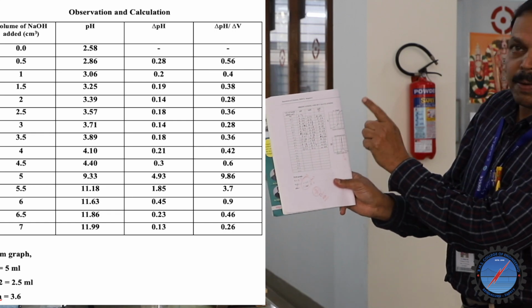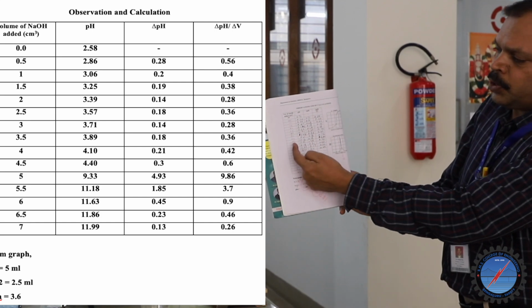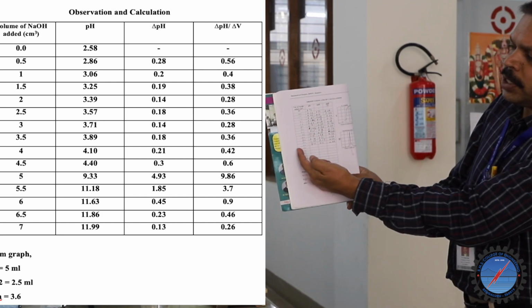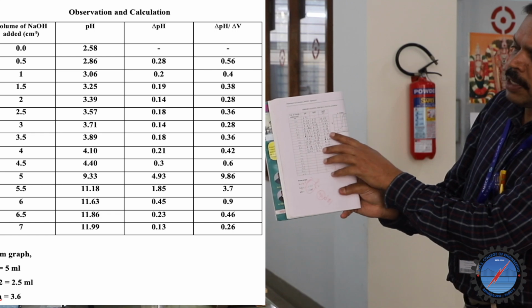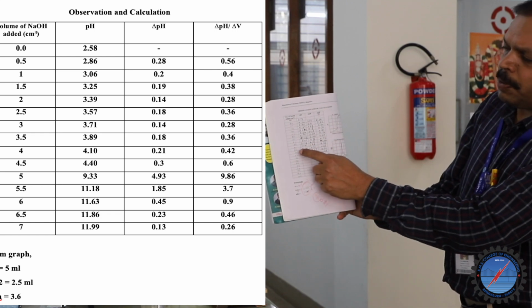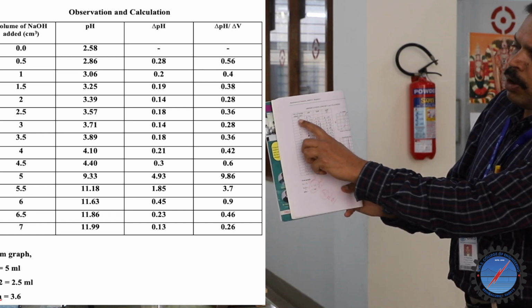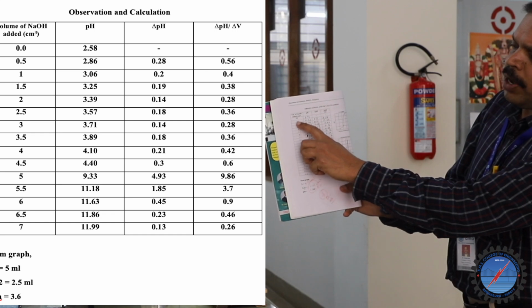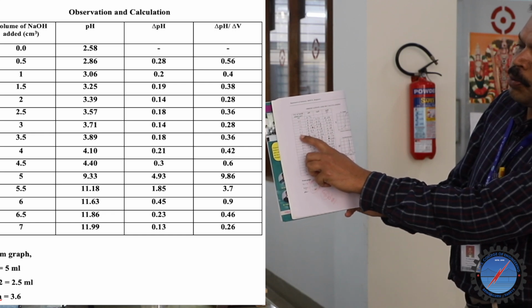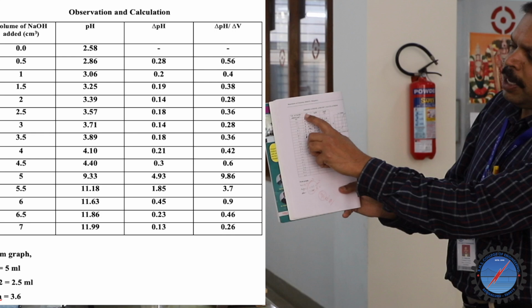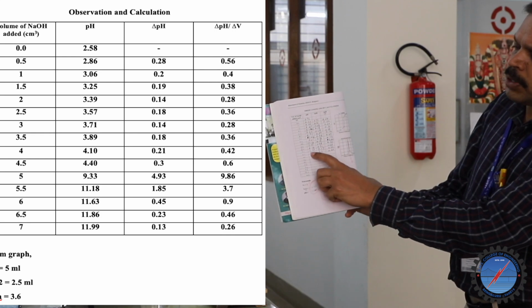This is the first graph we plotted with the tabulated result I showed, against the volume of NaOH. These are the recorded results for the demo experiment. That is volume of NaOH 0, 0.5, 1, 1.5, 2, 2.5 we recorded. The corresponding pH variation is taken here also.